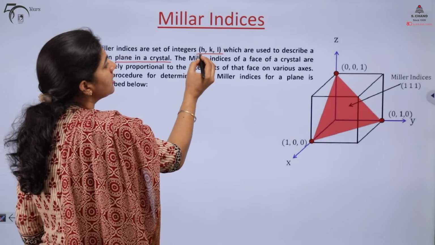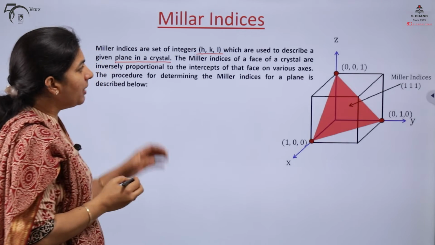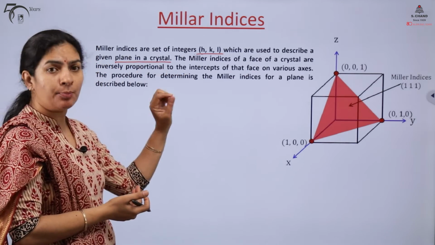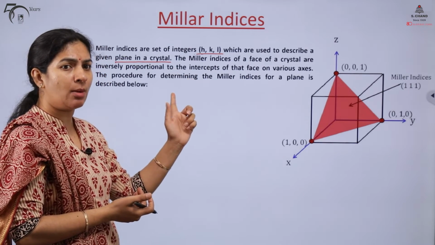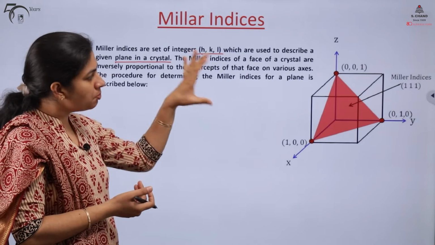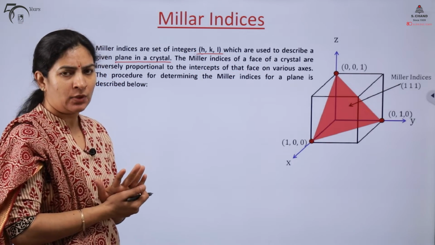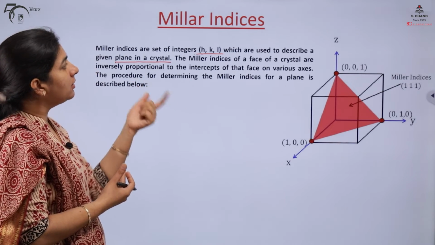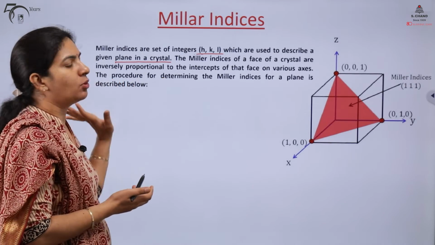These Miller indices are denoted by HKL. So Miller indices of a face of a crystal are basically inversely proportional to the intercepts. Just now in the previous slide we understood the intercepts made by a plane on the crystallographic axes. Those intercepts can be described in terms of Miller indices, which again will define a particular plane.